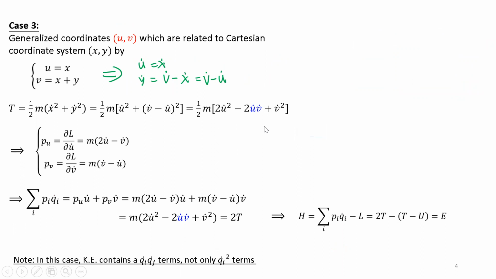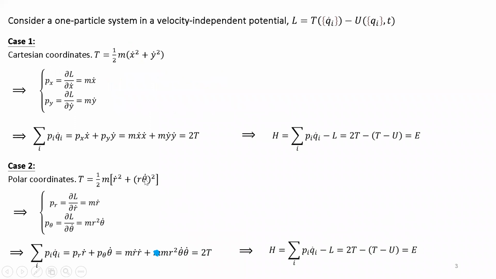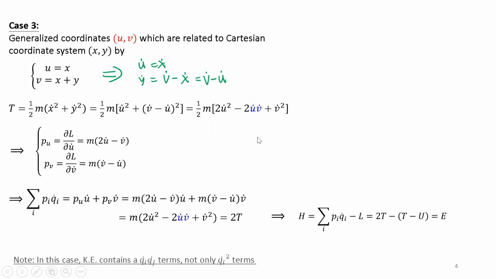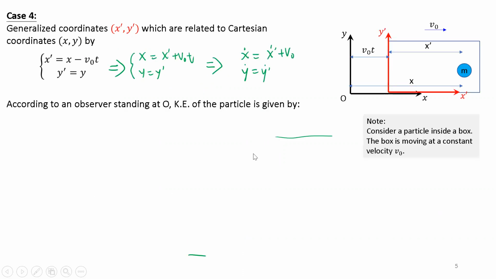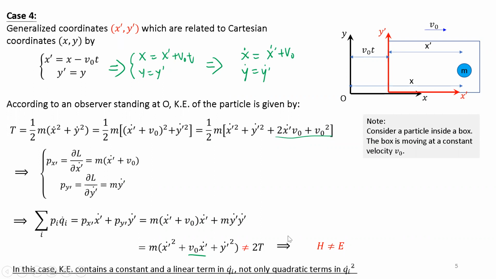So they are all what we call the quadratic terms. Same thing here, it always comes with the square. Here we have terms that do not depend on the coordinate square, and this one also is not square. It's just a linear term in the coordinate dot.